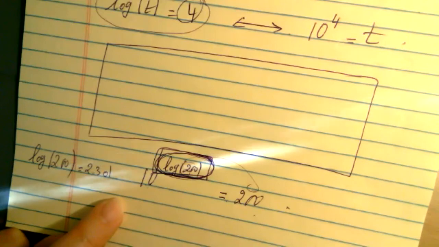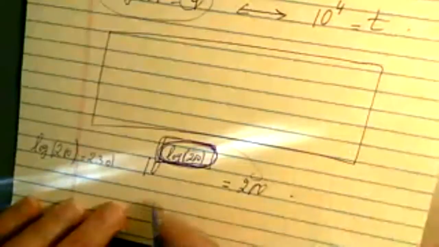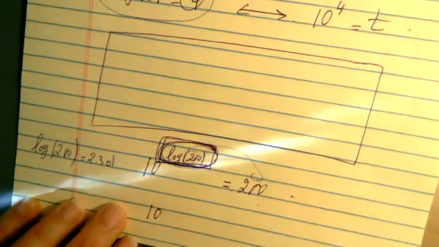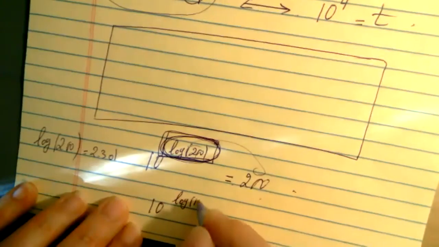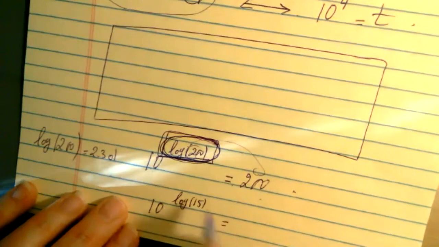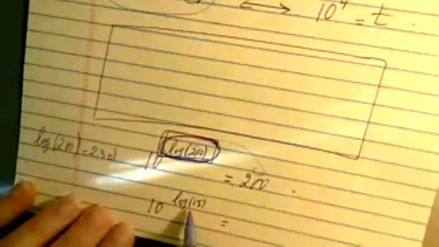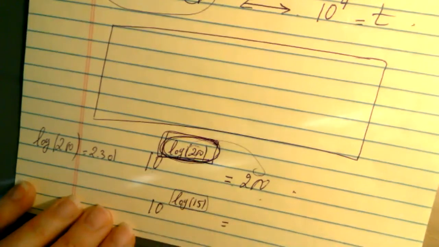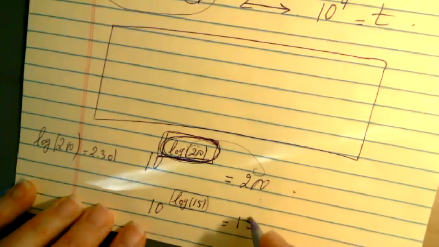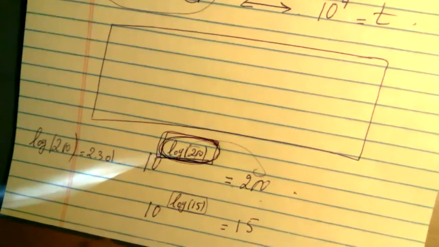So we're seeing the first property of logs. Now I can repeat: 10 to the log 15. It means if I take log of 15, I compute it and I plug it back here, what should I get? I get 15 back, because that's the definition of log 15.